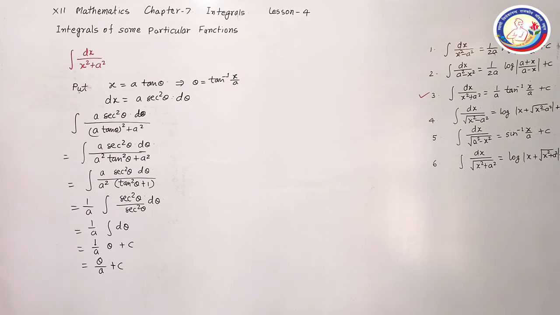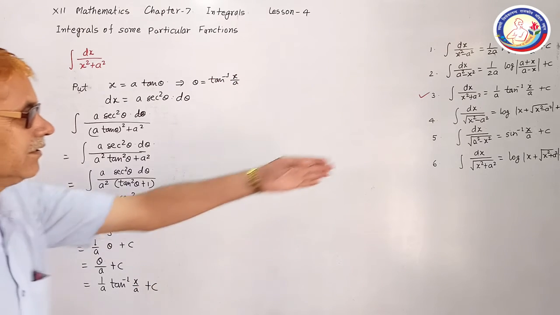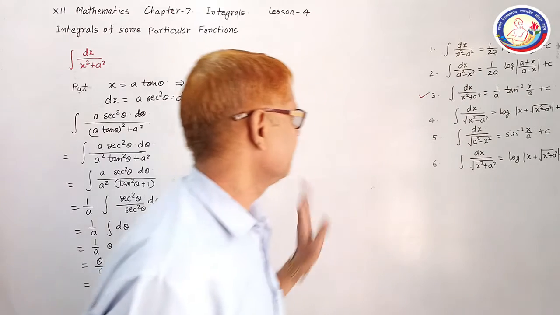So put here 1 upon a is there, tangent inverse x by a plus c. This is the third formula.